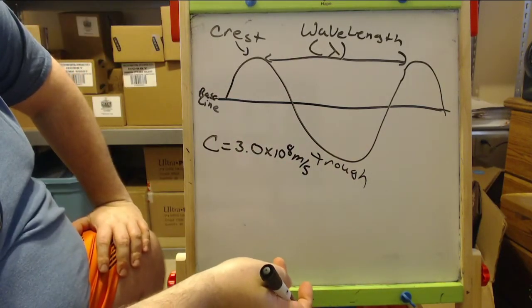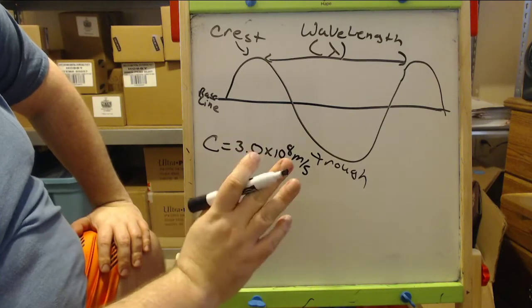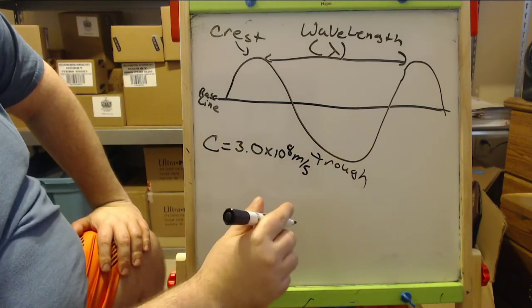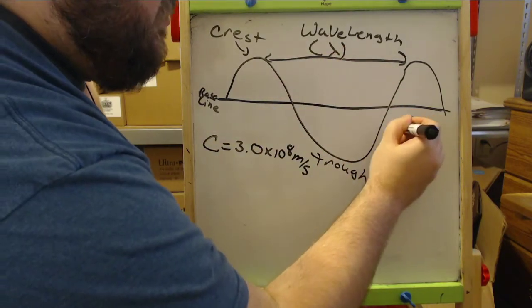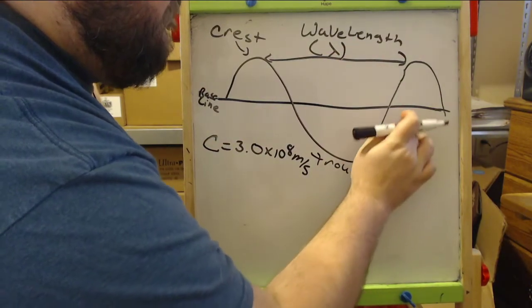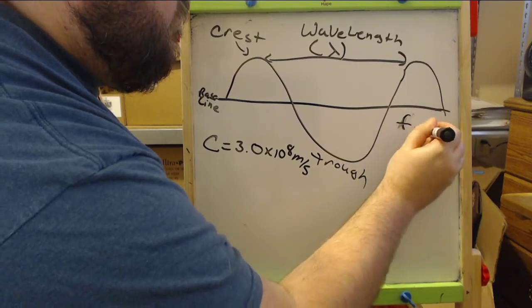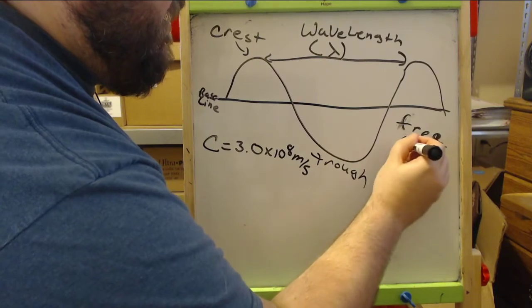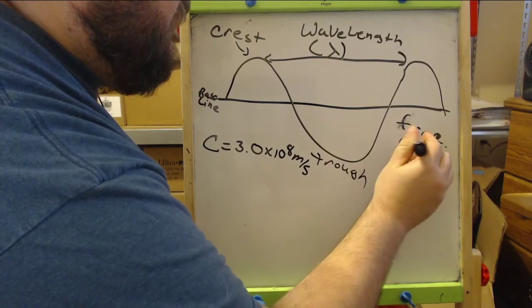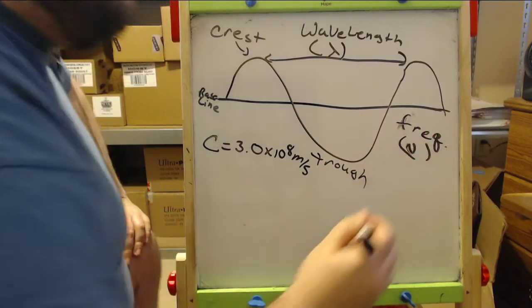Okay. And we have another thing that we measure with our waves. We can measure the wavelength, and we can measure the frequency. Okay. Frequency is represented by the Greek letter nu. And if I could draw a good nu here. Something like that.